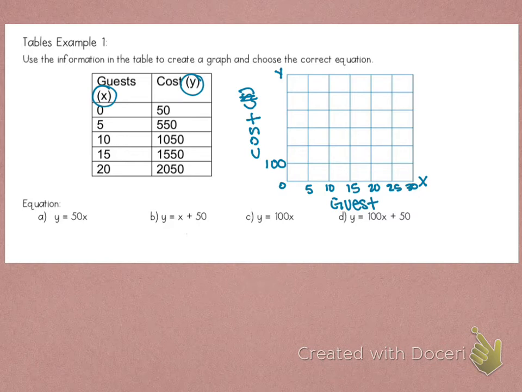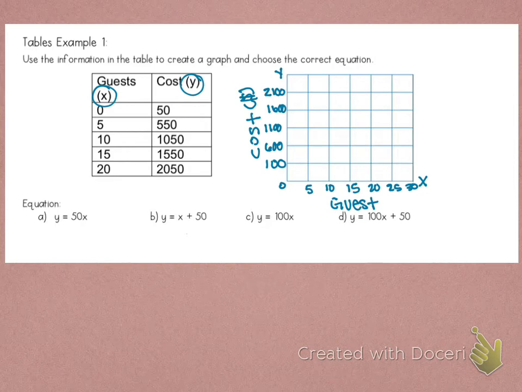So maybe increasing by 500. So 600, 1100, 1600, 2100. And so then we'll have to find the spacings in between.